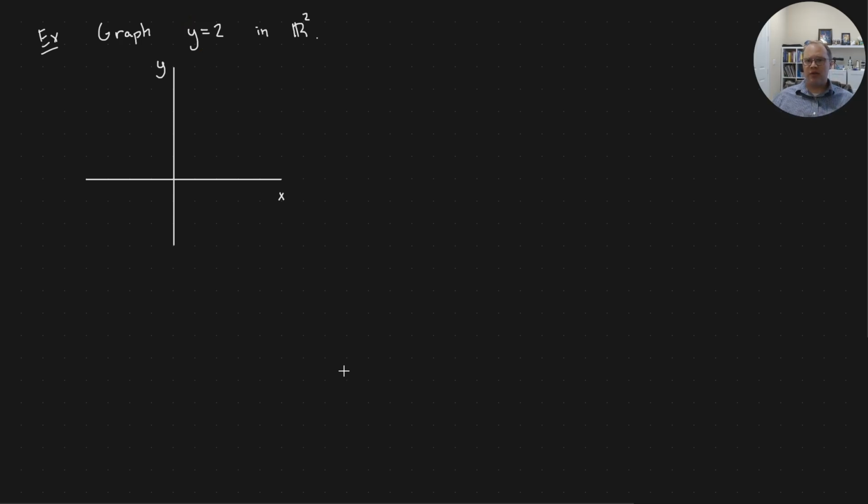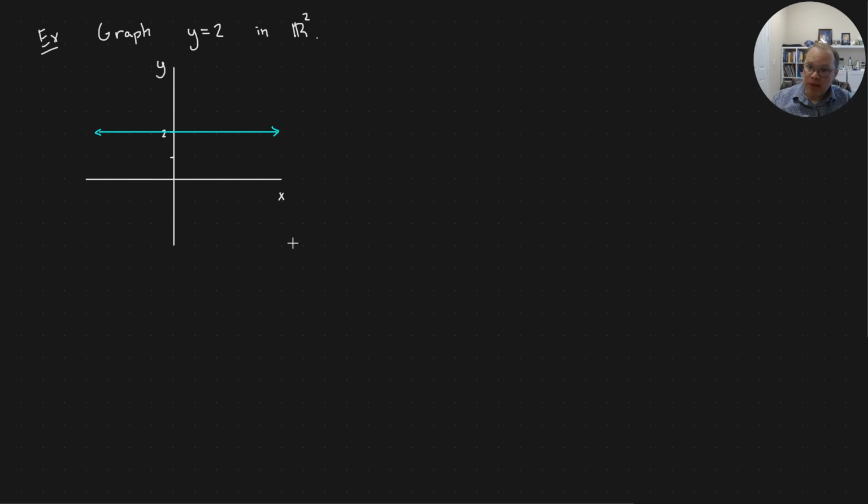But what about x? This equation is just telling me about y. There's no restriction on x. So x could be anything. So I find the level at which y is 2. And then the equation is all values along this line, because any value on that line has y equal to 2.